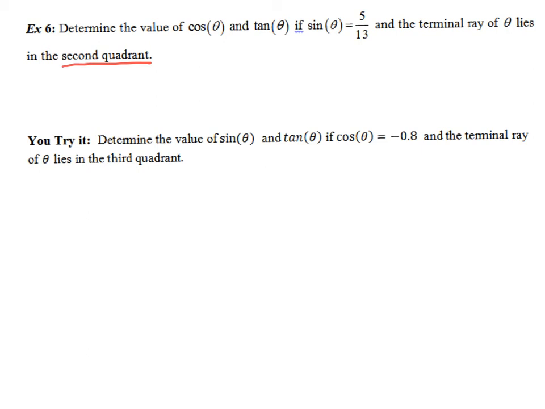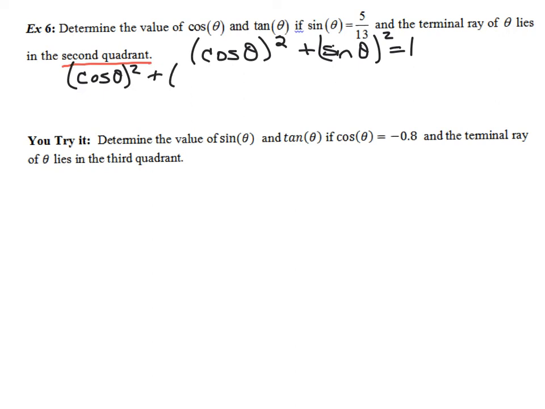So hopefully you recall the Pythagorean identity that we had been using. That says that when I take the cosine of the angle and square it, and then add on the sine of the angle and square that, my answer is always going to be 1. So I would like to solve for the cosine of theta, but I know that the sine of theta is equal to 5/13.